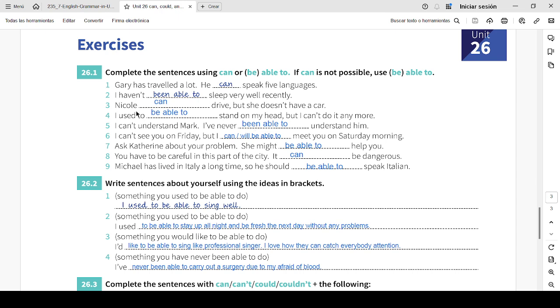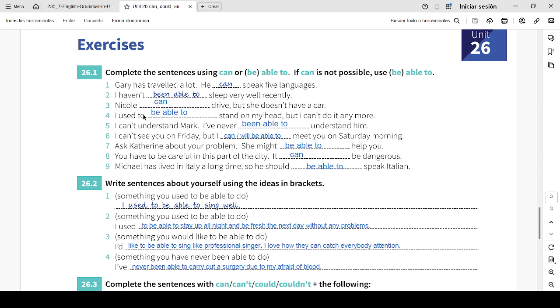In that case, "I used to," we're talking about something that you were able to do or something that you used to do, right? But in that context, we are talking about a specific grammar. We are talking about the infinitive. So we cannot use can, right? Why?